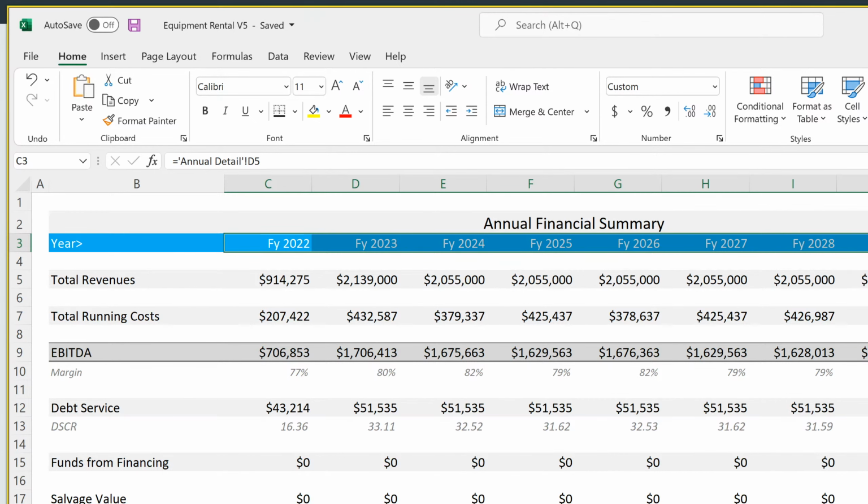Oh, that's too high. Monthly cash flow. Yep, and there you can see in November 2022 we go to 0, and then we start going positive.